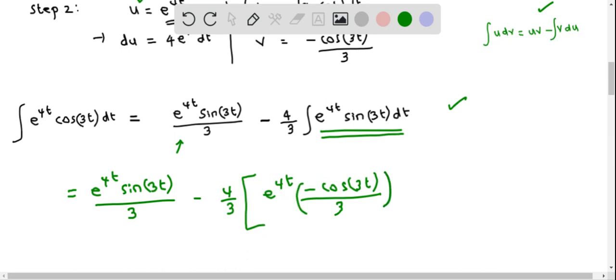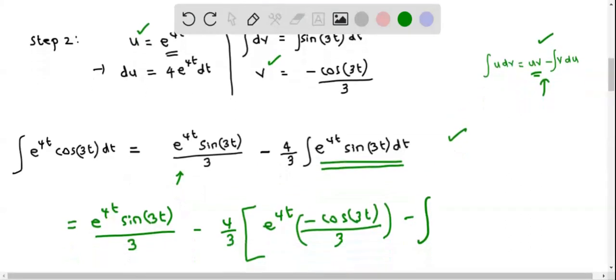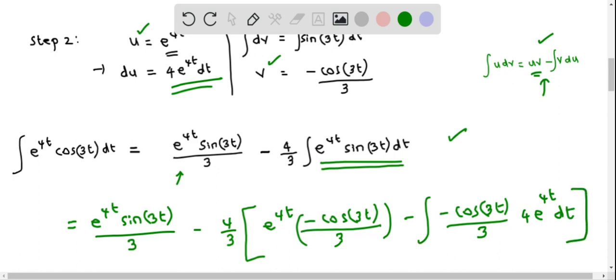And then according to this formula, we have just written this uv. We then have negative of the integral of v du. So let's replace this. That is negative cos 3t over 3 is v. And then du is 4 times e raised to the power of 4t dt. So now I close this bracket.